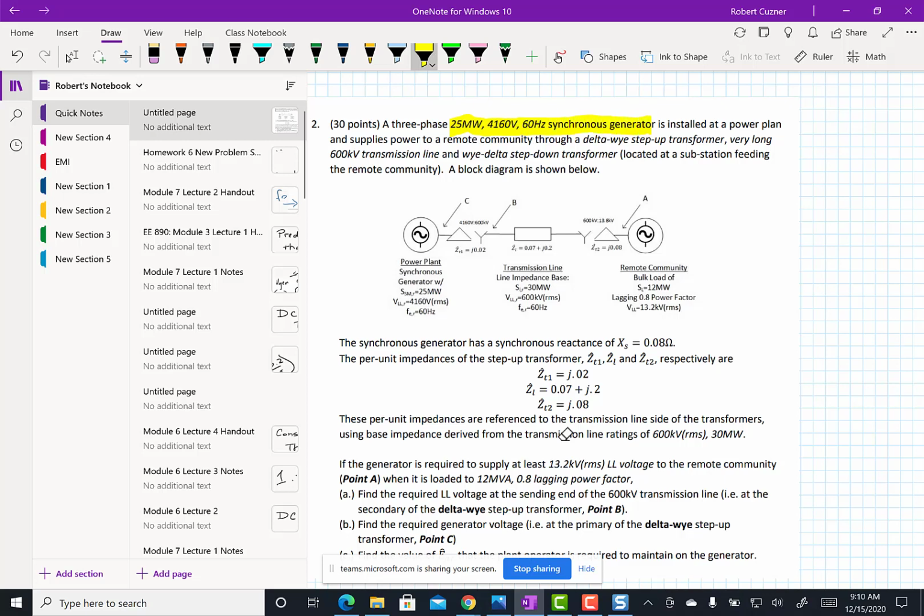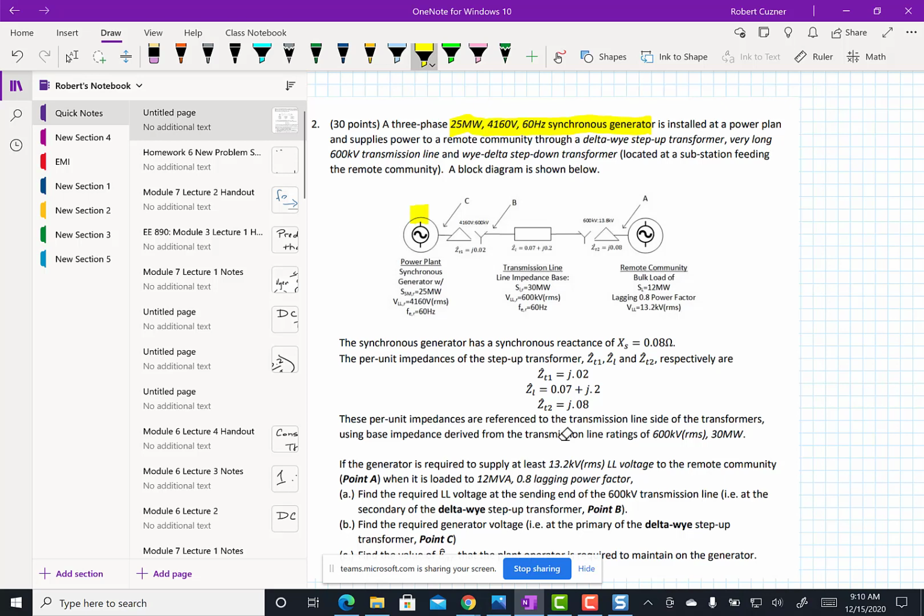That's why. Okay, so there's a 25 megawatt synchronous generator. That's right here. And it supplies power to a remote community through a delta Y step-up transformer.